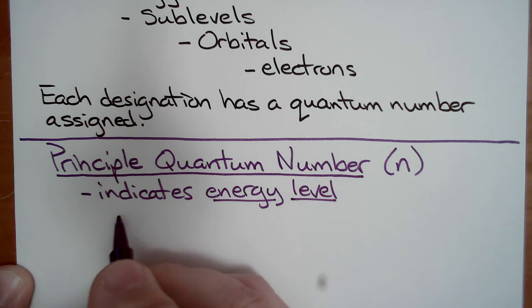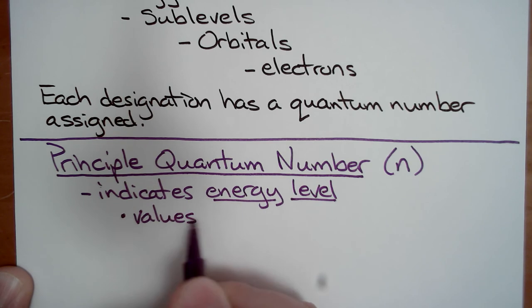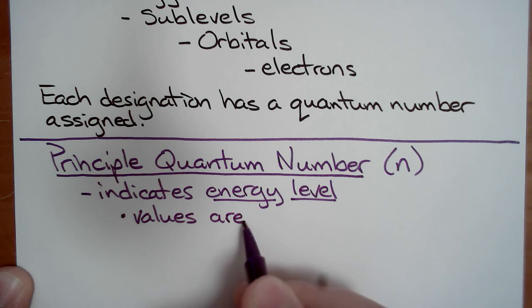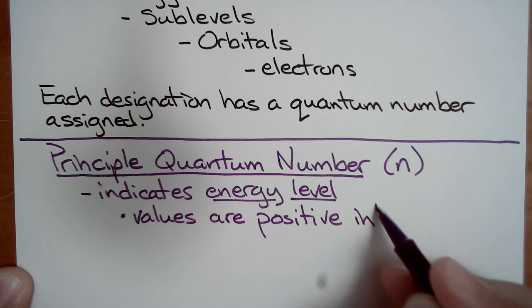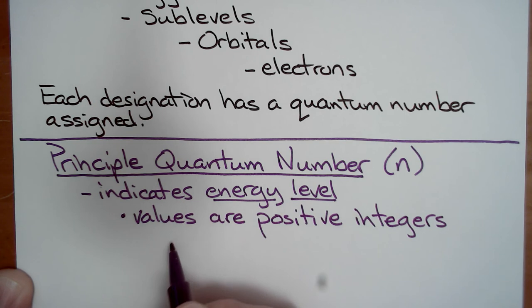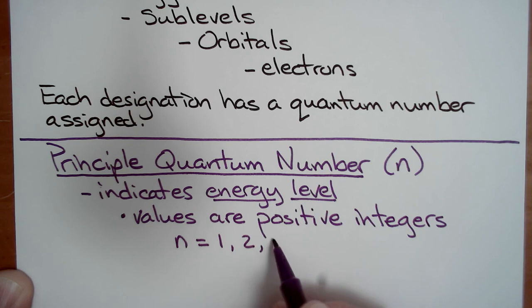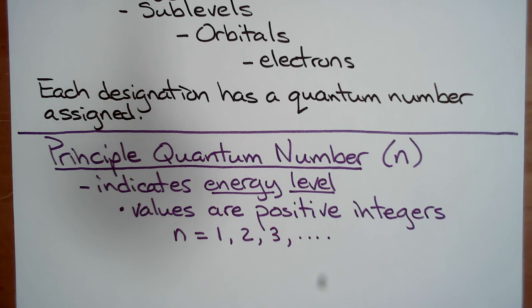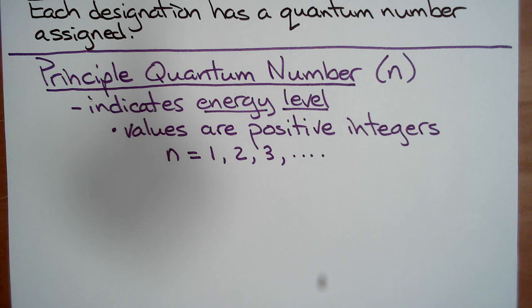And the values for those numbers are positive integers. So n equals 1, 2, 3, and so on through infinity. Right now we only have 7 principal quantum numbers, because we have 7 energy levels for our electrons.